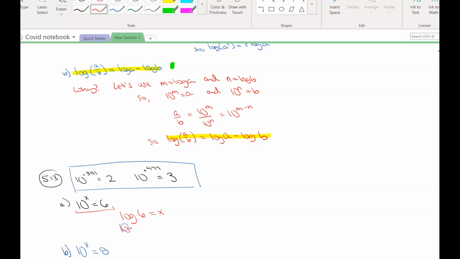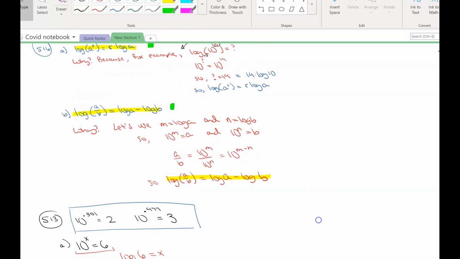Watch. Log base 10 of, not 6, but just write log base 10 of 2 times 3, because that also equals x. And then I'm wondering, how can I rewrite log base 10 of 2 times 3?